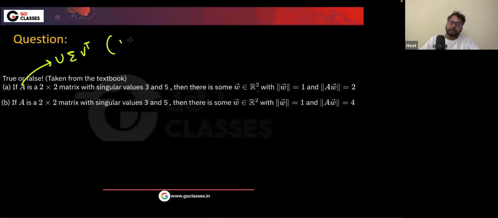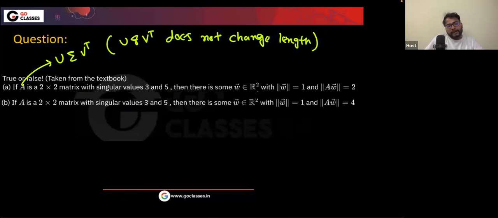U and V do not change length. So what is the maximum length this A into w can achieve?